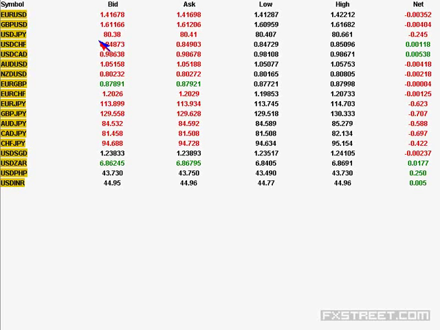In the case of Yen, it is trading around 80.38, 80.41. 80.40 is the low. A new low has been formed. 80.66 is the high. So a narrow range of 26 pips is seen in the case of Yen, and it shows 22 or 20 pips negative net change currently.